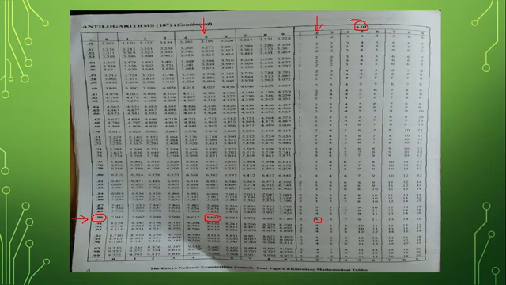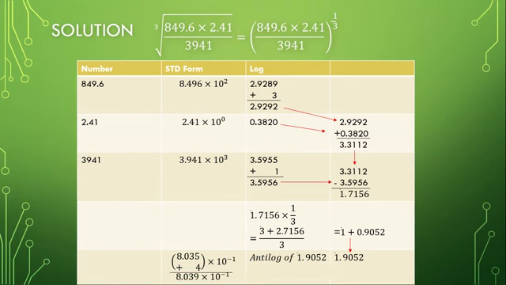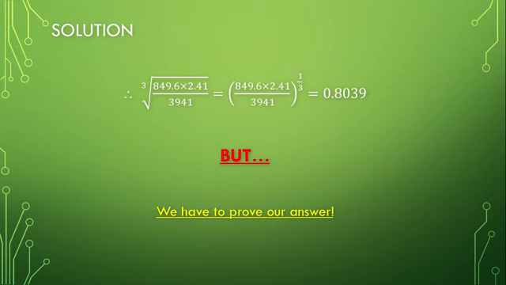I'll take 8.035, sum up the characteristics by 4, and I'll end up with a value that's multiplied by 10 power negative 1. That's what I have here. So it's 8.035 plus 4, which simply will give me 8.039 multiplied by 10 power negative 1. So my number shall come to 0.8039. So that is the answer that I have to this question, but we have to prove our answer.